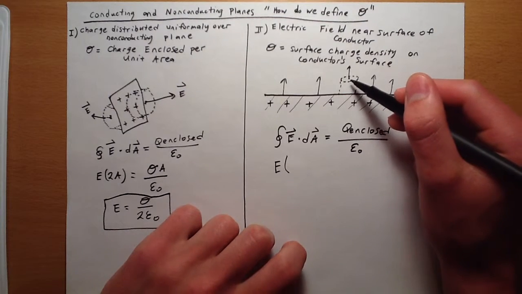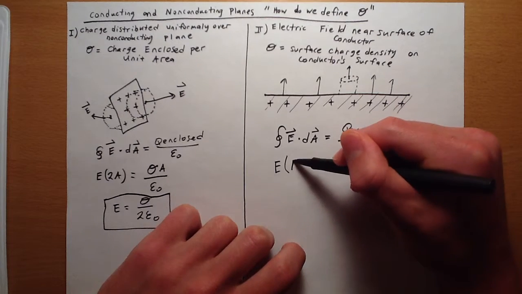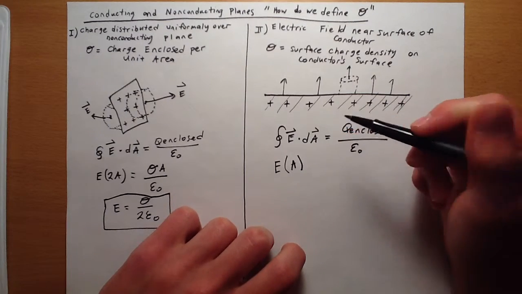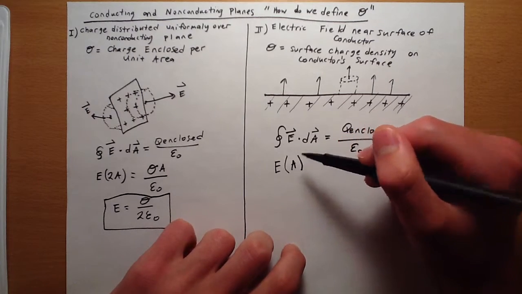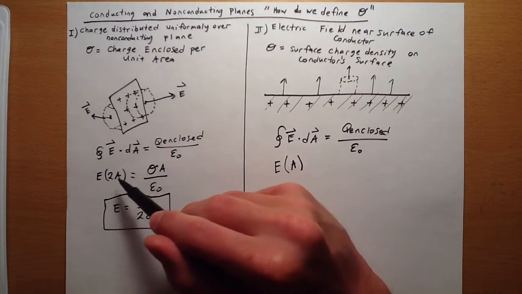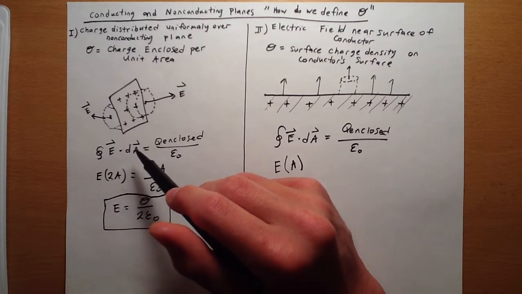The surface area of the face of the cylinder is just A. And in this case, we only have one face. So instead of being 2A, it's just A. In the previous example, it's 2A because we had two different faces for the cylinders.